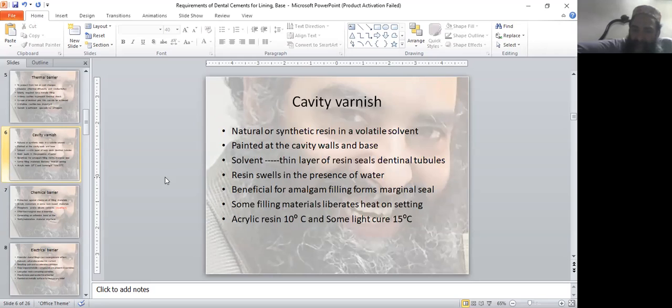Some filling materials liberate heat on setting. As already described, acrylic resin is producing up to 10 degrees centigrade for cold cure. Cold cure means chemical cure, and some light cure materials produce heat as much as 15 degrees centigrade.